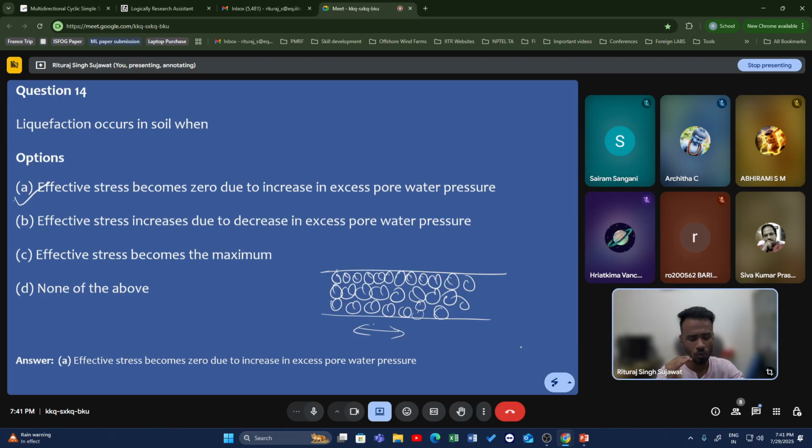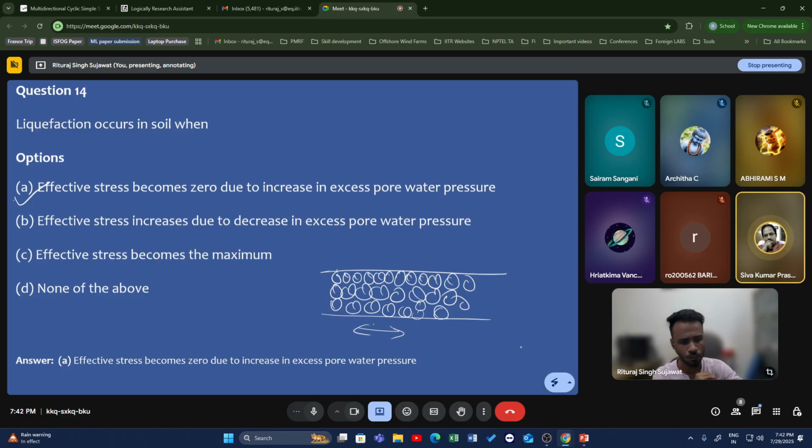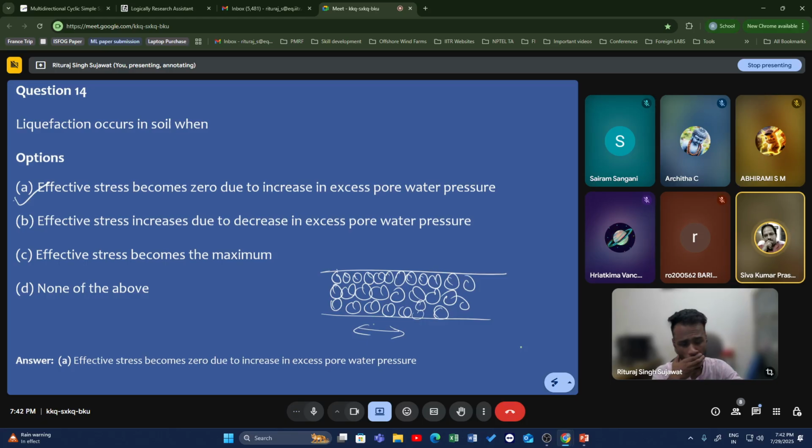Okay, so initially your soil has a certain superstructure above it, and there is some static load coming from that superstructure. And now at a certain depth, you are saying the effective stress has become zero because of the dynamics of the water table, the rising of the water table or whatsoever. The effective stress has become zero. Now, will there be liquefaction in this scenario?